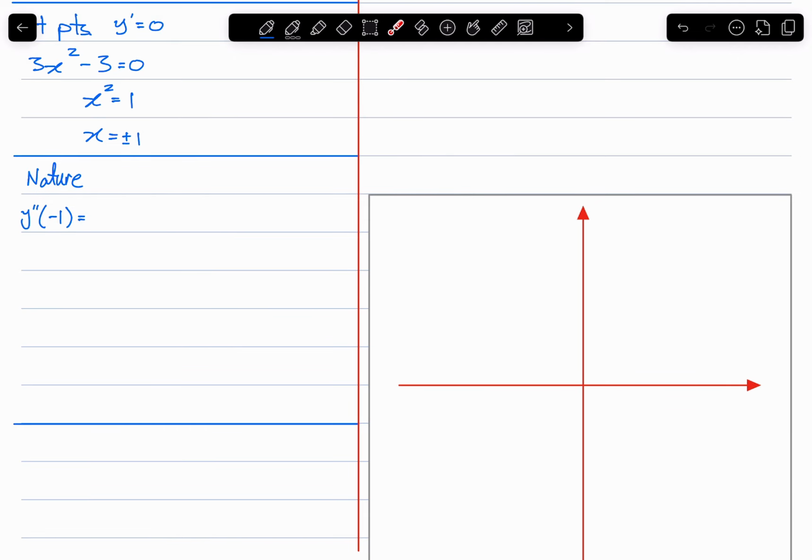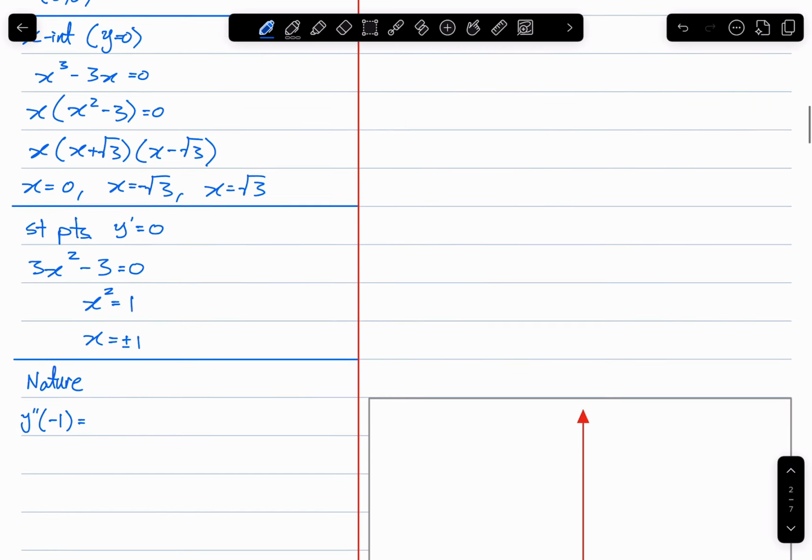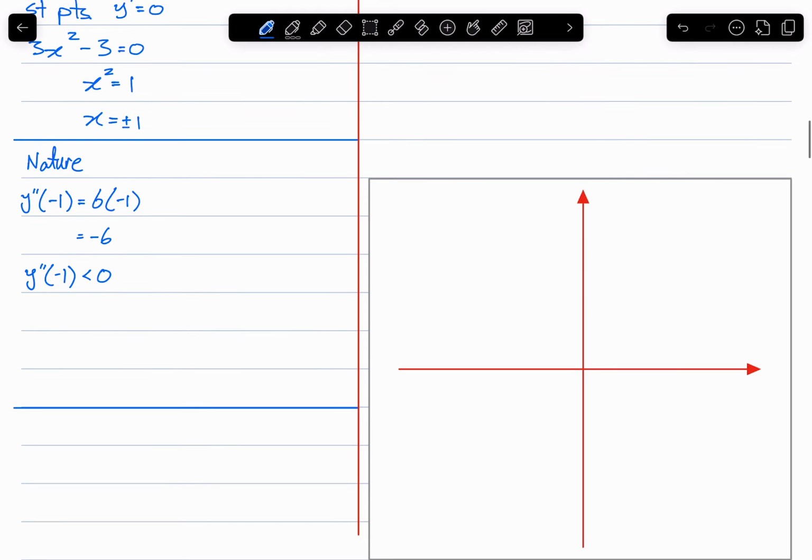Since the second derivative is 6x, we get 6 times negative 1 equaling negative 6. So y double prime of negative 1 is less than 0. This means this is concave down, and therefore, this is a maximum turning point.